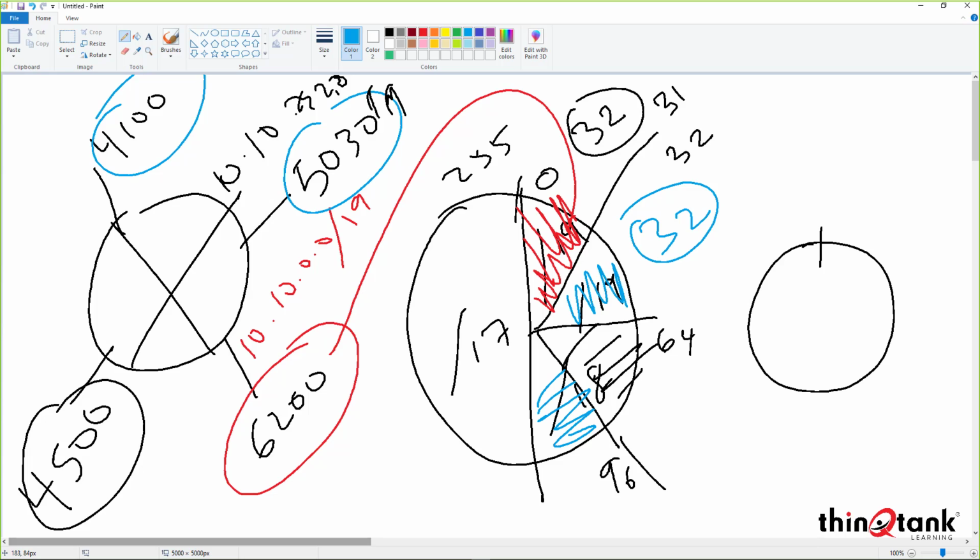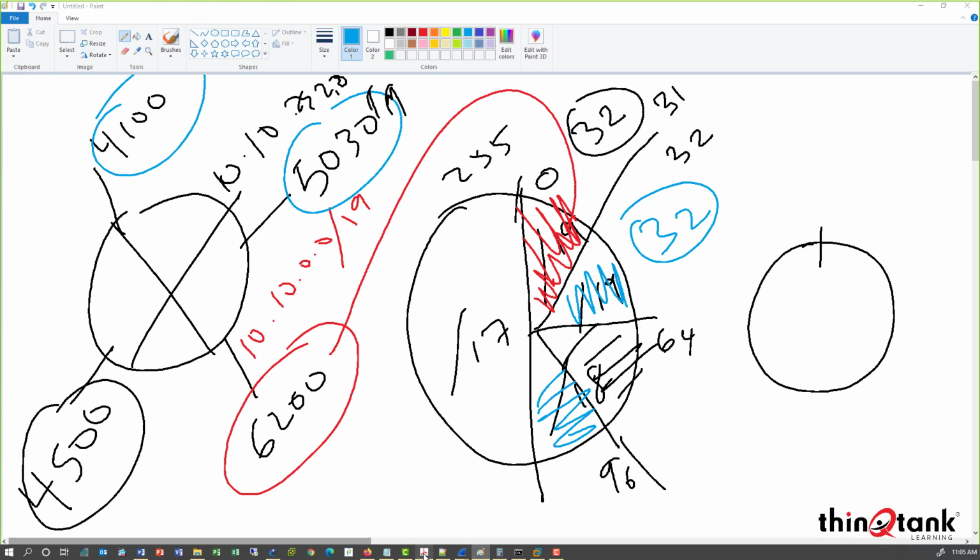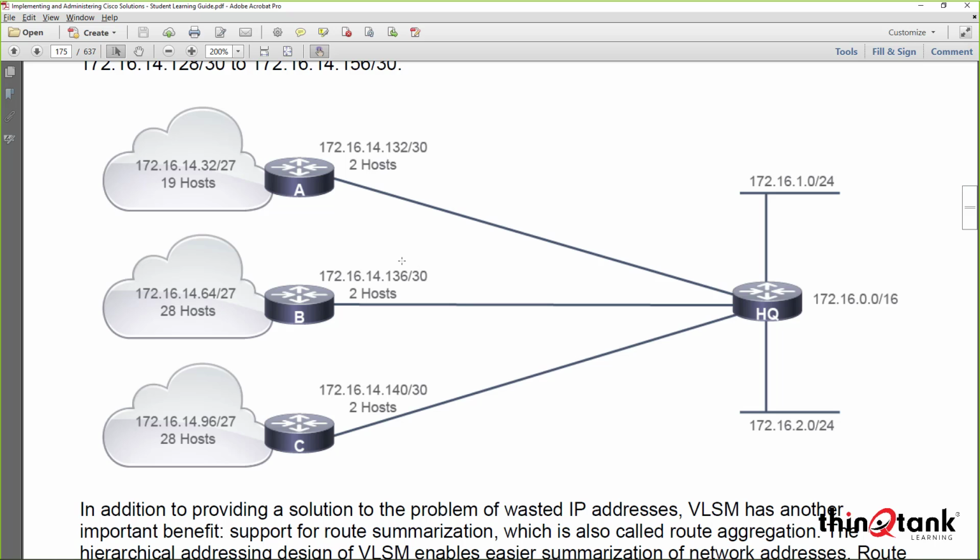And that allows me to allocate specific sizes of networks to specific places in the network. This whole concept is called variable length subnet masking. It allows us the ability to apply different subnet masks in different parts of the network based on whatever the size of our network is, and that's how we allocate the addresses.